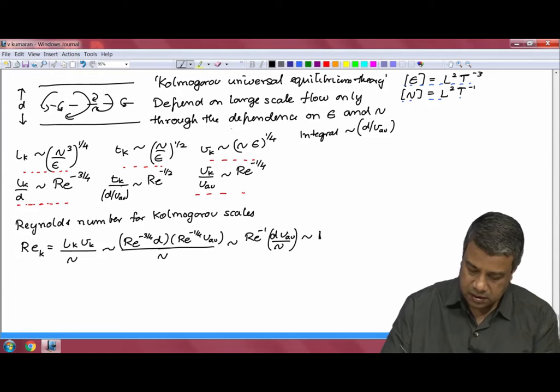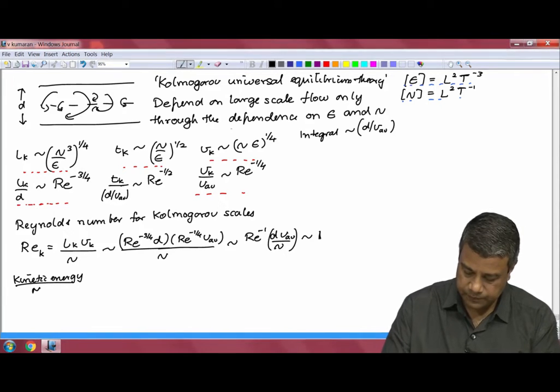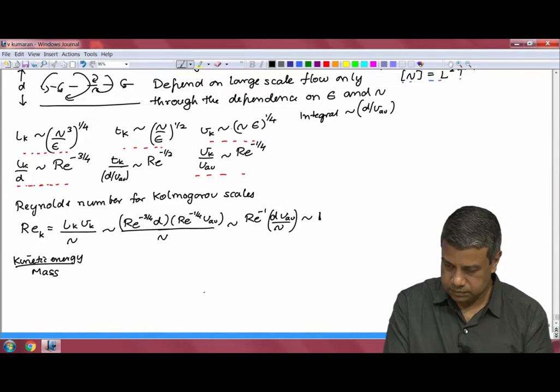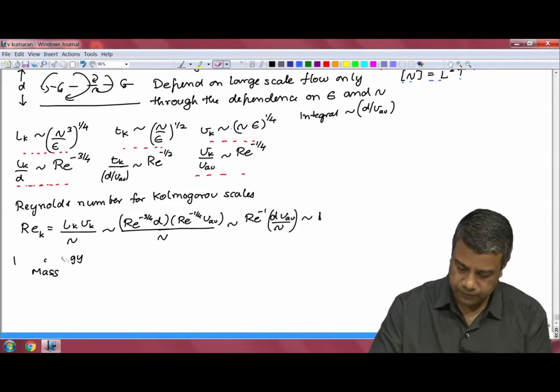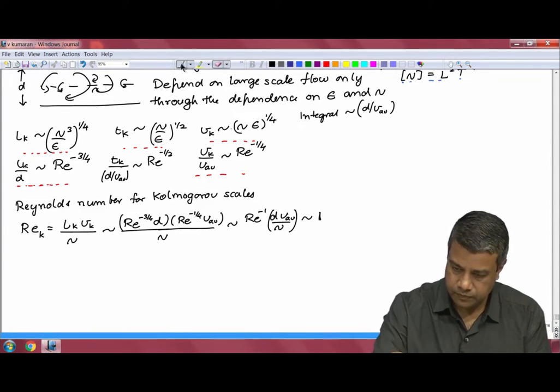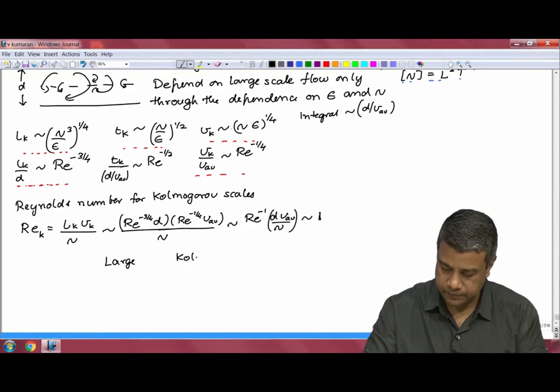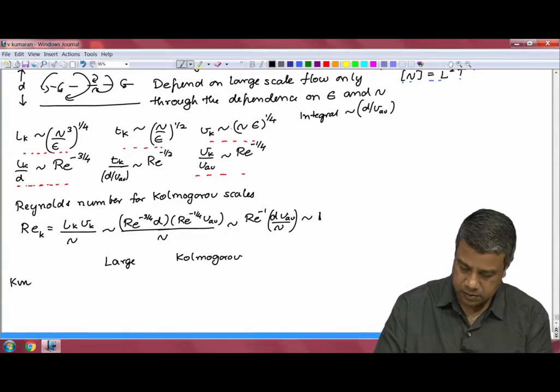What is the kinetic energy per mass? I will write it separately for the large scale and the Kolmogorov. Kinetic energy per unit mass.